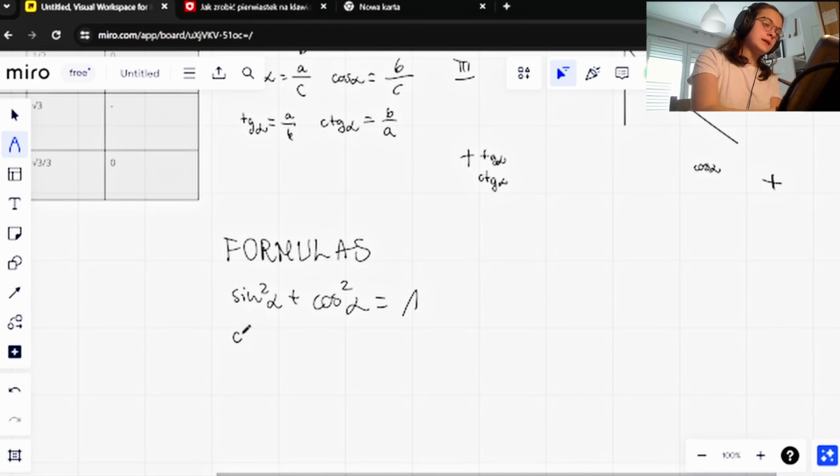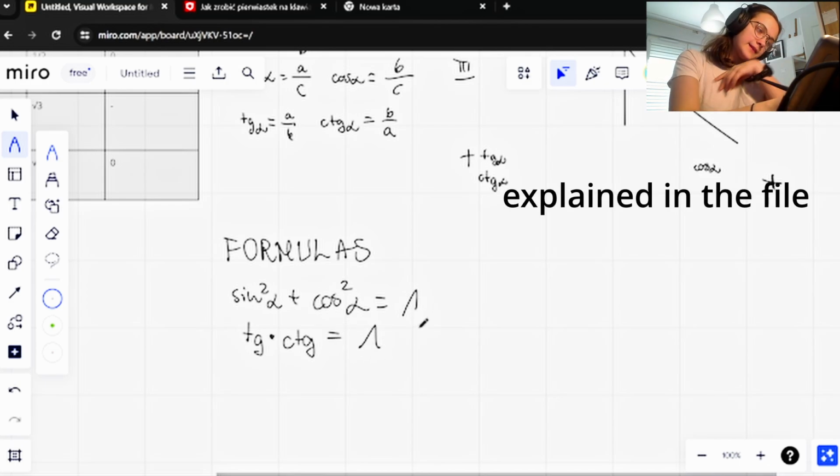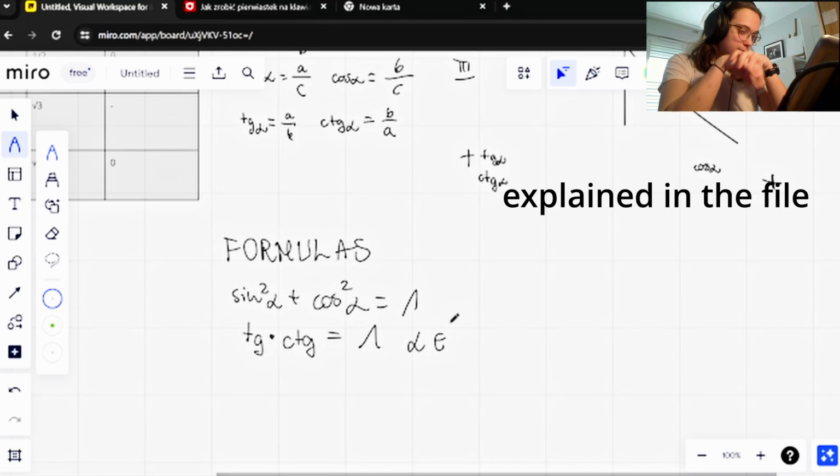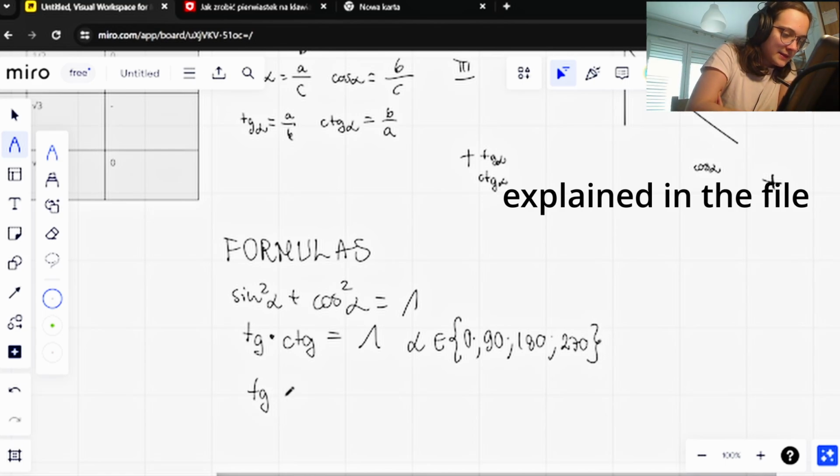The second one is that tangens times cotangens always equals 1. And this also excludes a couple of angles: it can be 0, it can be 90, 180 and 270. So we have that tangens equals sinus over cosinus.